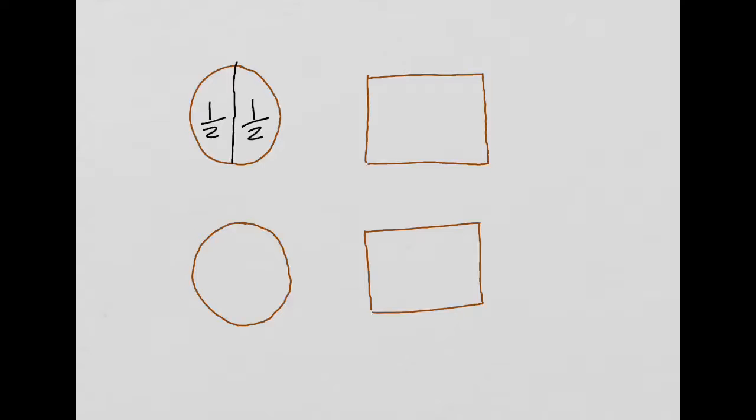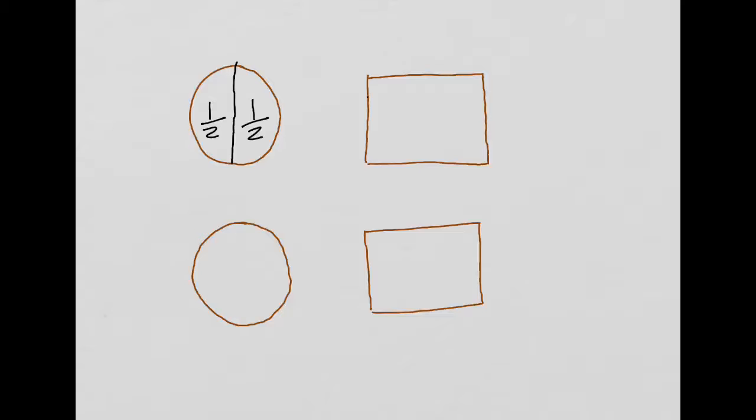If I divide the rectangle right here, did I create two equal pieces? You're right, I did not. But if I divide the rectangle right down the middle, did I create two equal pieces? You're right, I did.